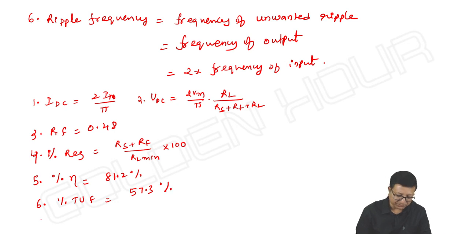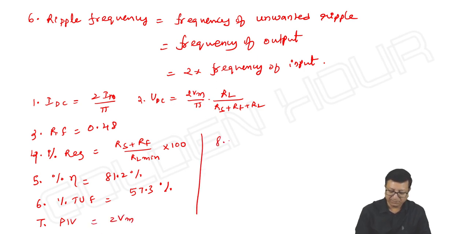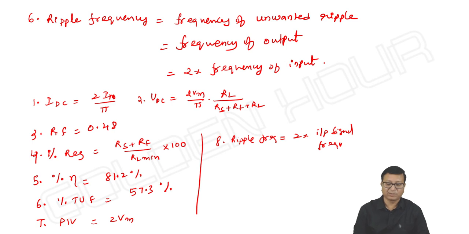And the next one, it is the peak inverse voltage, it looks like 2Vm, and finally the ripple frequency, it is twice the input signal frequency. These are some observations. That's about the analysis of center tapped full wave rectifier. Next, we need to do some problems based on what we have discussed.